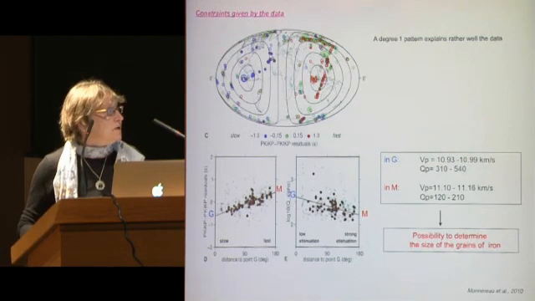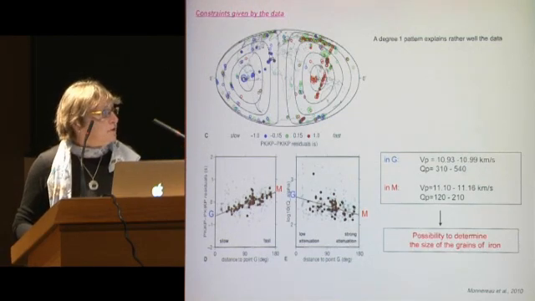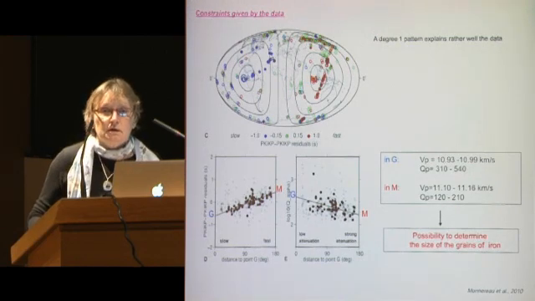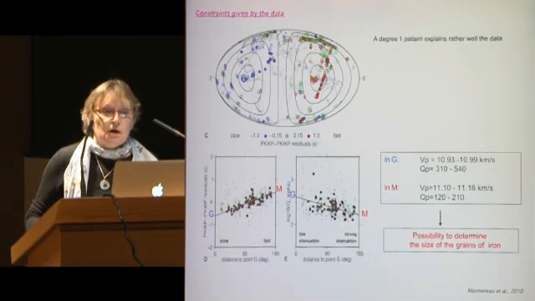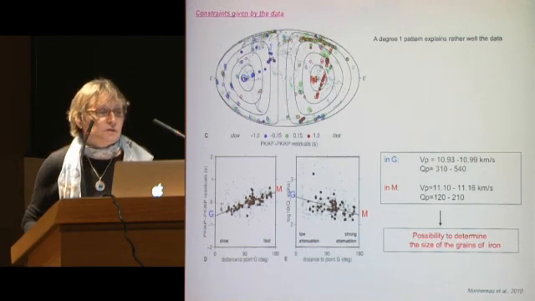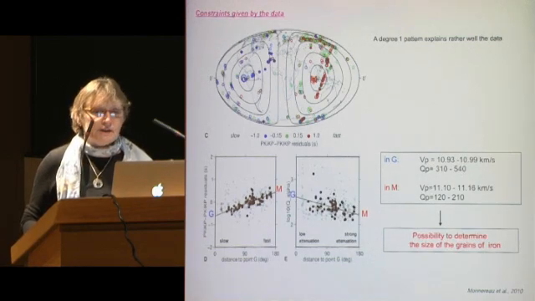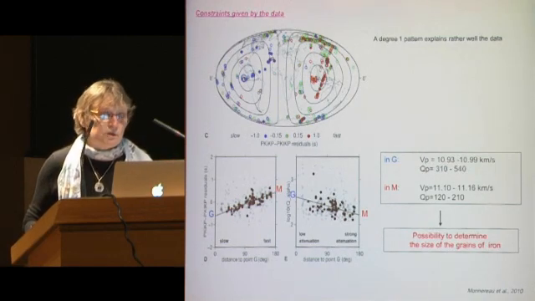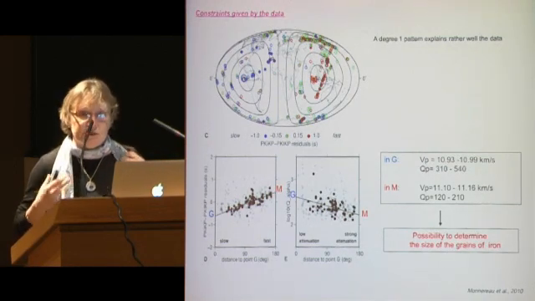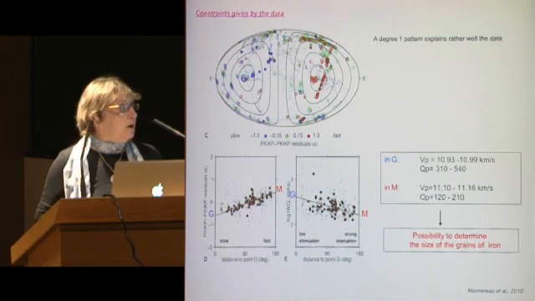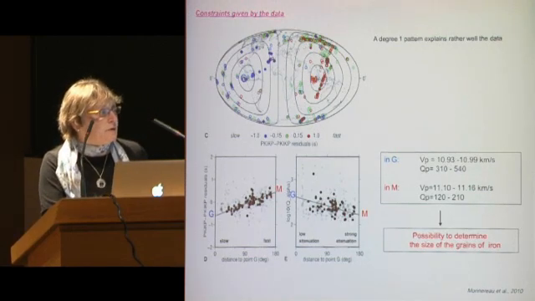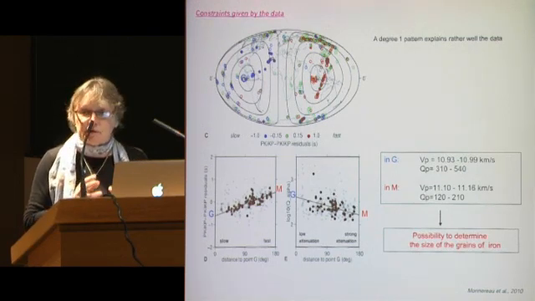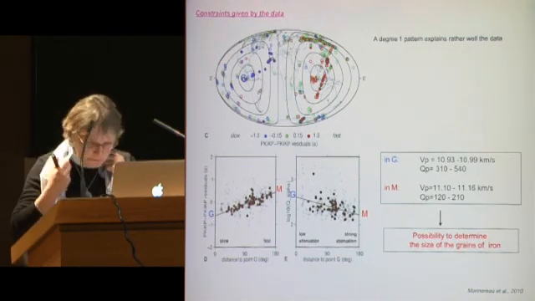You have, at the same time, low velocities and low attenuation. So it cannot be explained by thermal anomalies. And what is suggested is that it is due to scattering by the grains of iron in the inner core. So it's this model we will check. From these values, we will try to determine the size of the grains of iron which produce scattering.